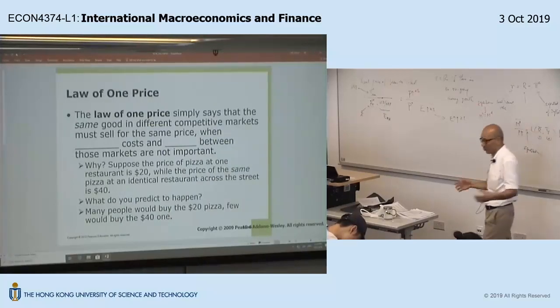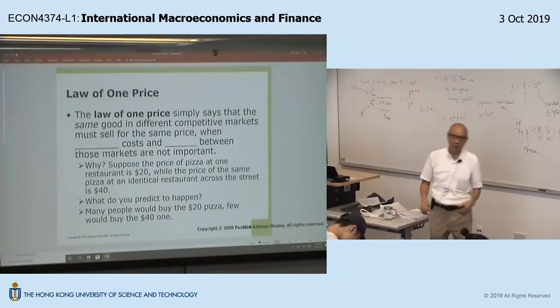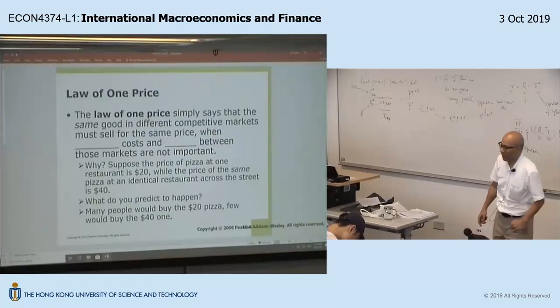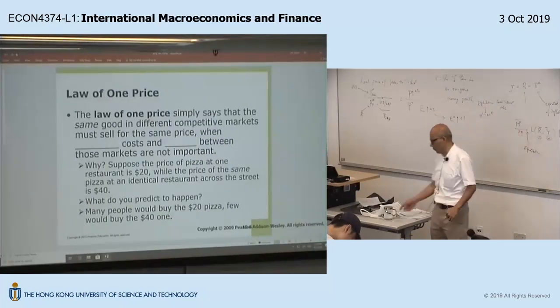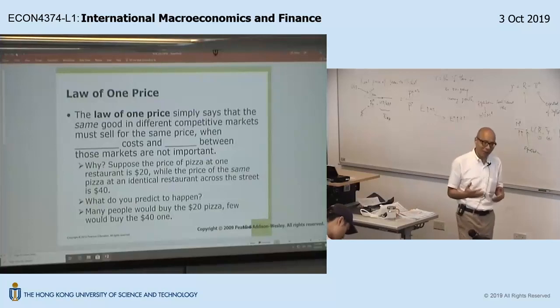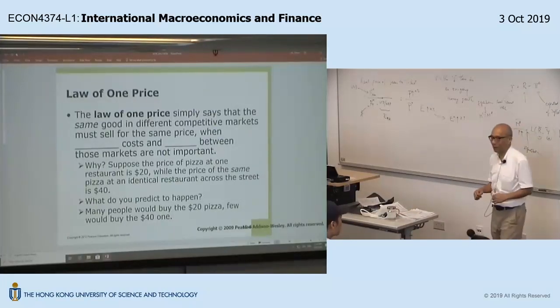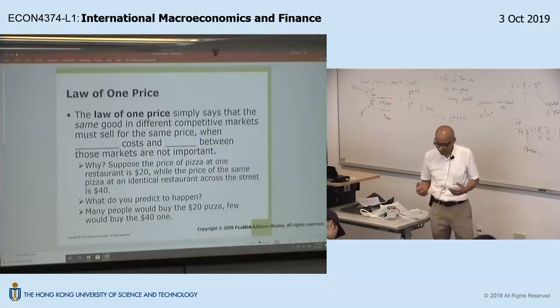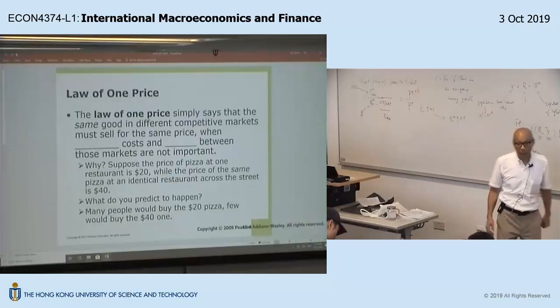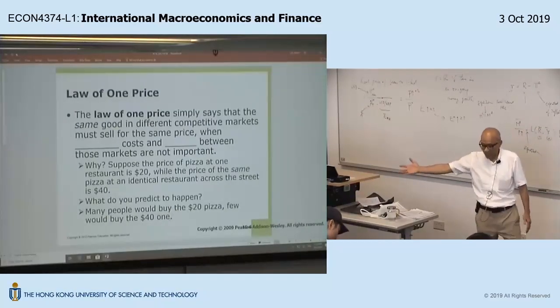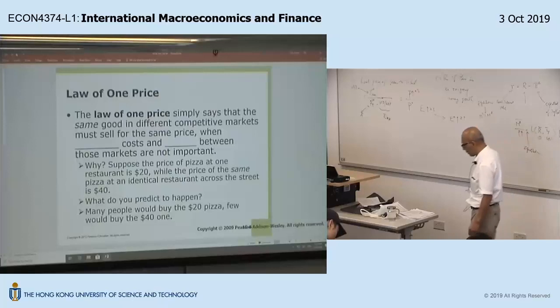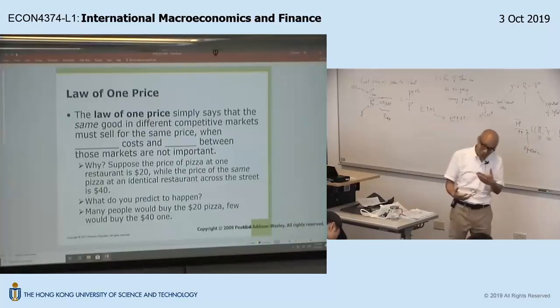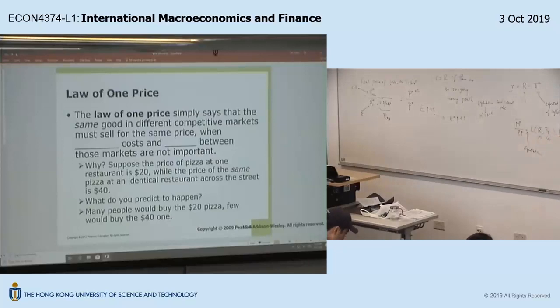It takes time to go from one place to another. Transport cost in a sense is also a transaction cost in this case, because in order to buy the other good, you have to go. Artificial trade barriers, actually, that is also a good point. If there are tariffs, once you go across countries, then you have to talk about tariffs. So suppose that no such thing exists.